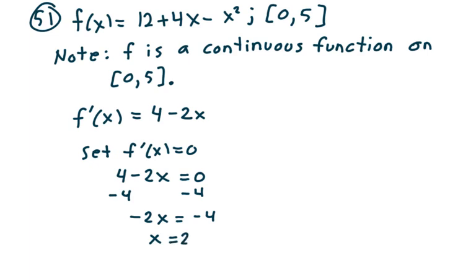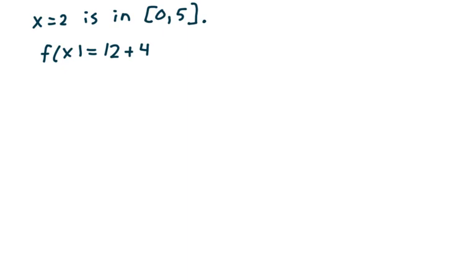And one thing to note is that x equals 2 is in the closed interval 0 to 5. I only care about the critical numbers that are inside the interval. Now, let's go back to our function. As a reminder, f of x is equal to 12 plus 4x minus x squared.